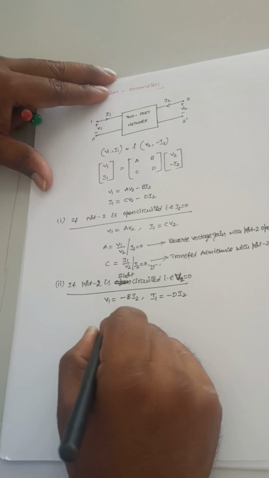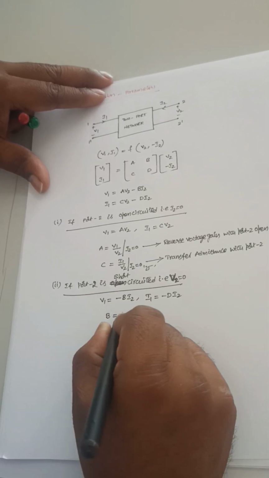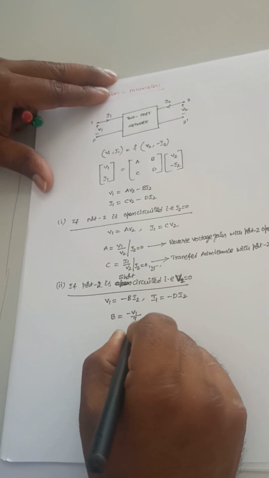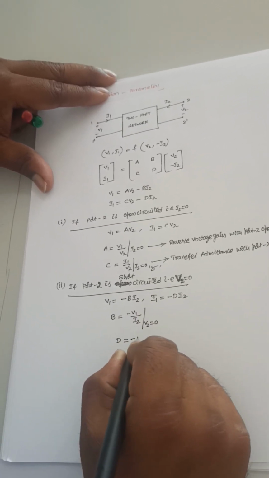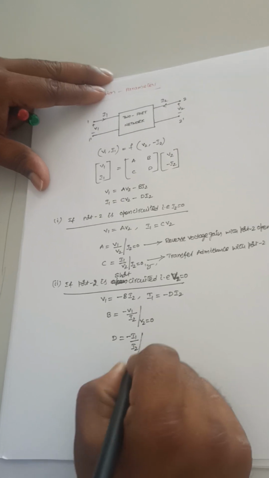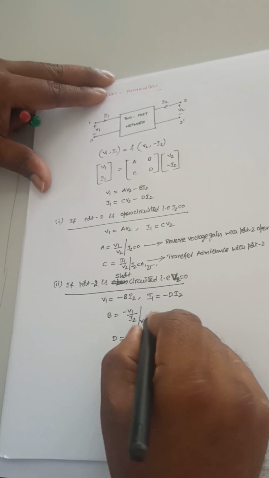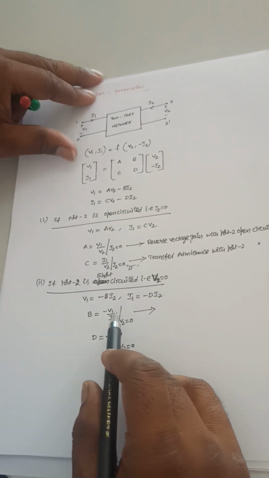I am able to calculate these values of B and D here, that is B is minus V1 divided by I2 at V2 equal to 0 and D is equal to minus I1 by I2 at V2 equal to 0. This V1 by I2 is voltage by current.